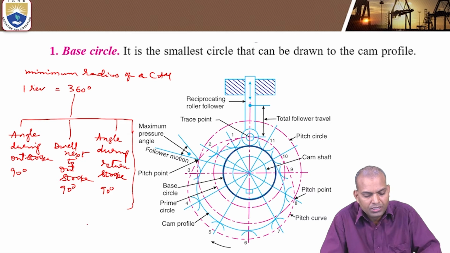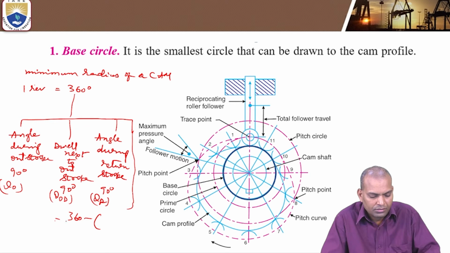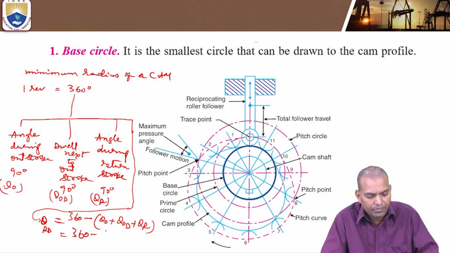These are denoted by theta O for outstroke, theta OD for dwell, theta R for return stroke, and theta RD for the dwell after return, which equals 360 minus (theta O plus theta OD plus theta R). That is 360 minus (90 plus 90 plus 90), which is 90 degrees.